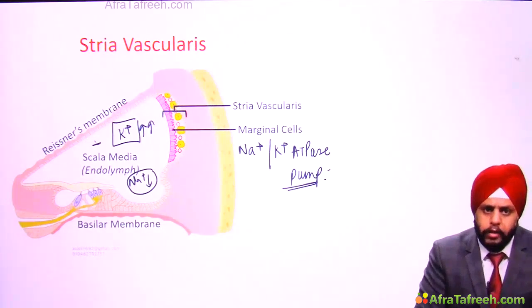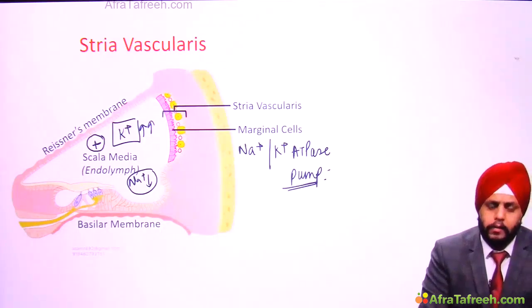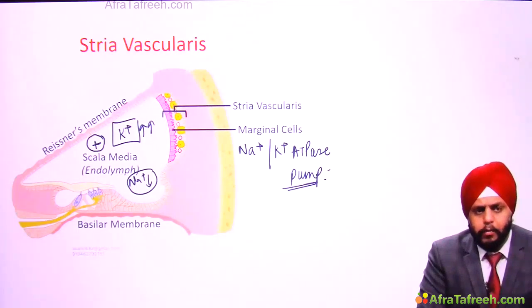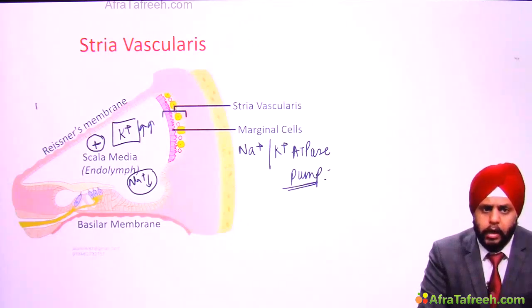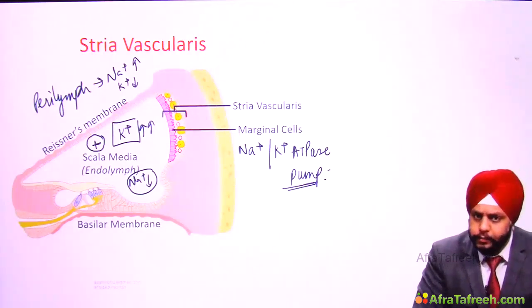Because of that there is a positive charge inside the scala media, whereas the scala vestibuli and the scala tympani both have perilymph. Now this perilymph is high in sodium and low in potassium.